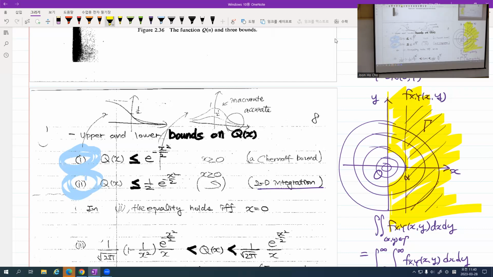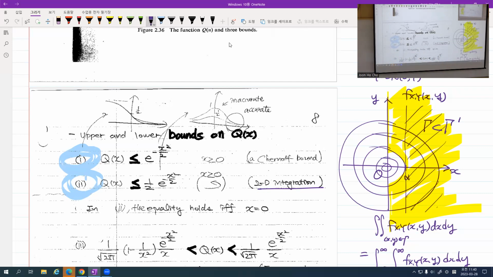And then this shaded area is called gamma prime. Then what happens? You have this relation between two sets, the integration areas gamma and gamma prime.